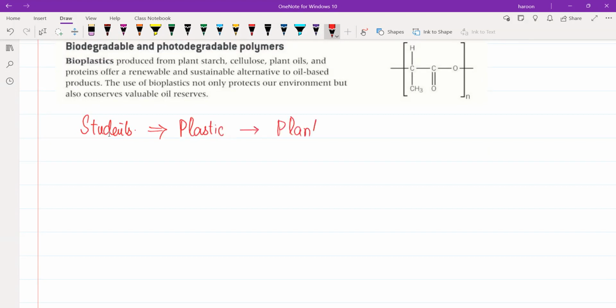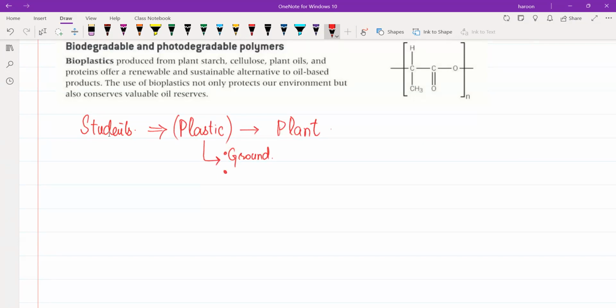Can you tell me what is the beneficial purpose of this plastic from plant material? It will be able to biodegrade. Yes, and one interesting thing is that when we make it from plant material, if we dump this plastic on the ground, it will be absorbed by the land for the growth of new trees and new plants, and for increasing the nutritional value of the earth.